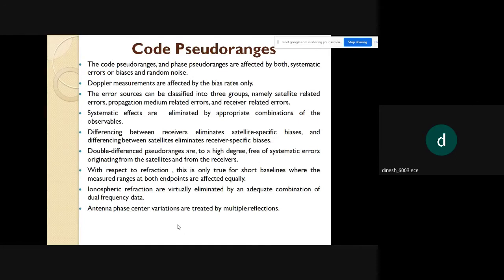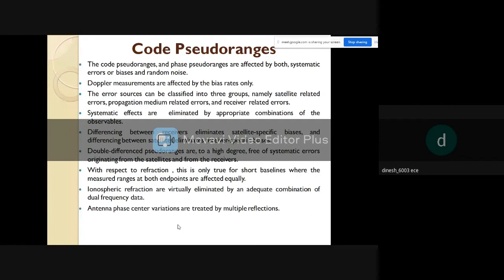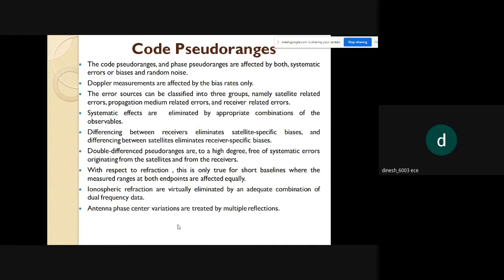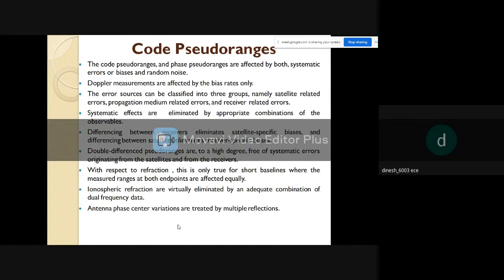Next is the code pseudoranges. The code pseudoranges and the phase pseudoranges are affected by both systematic errors, or biasing, and random noise also. So this random noise and these systematic errors in the pseudoranges affect the GPS range determination.